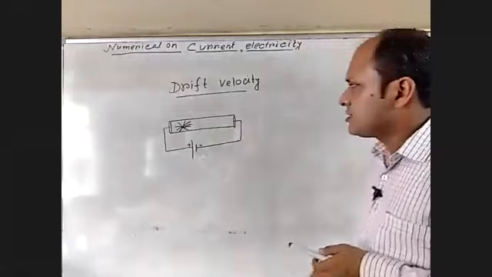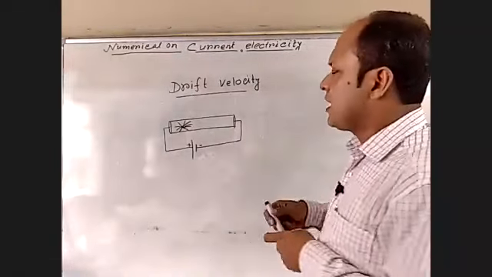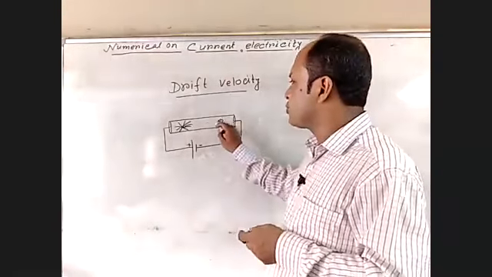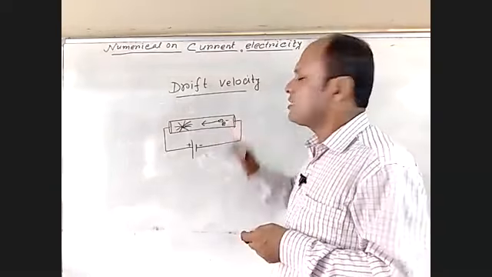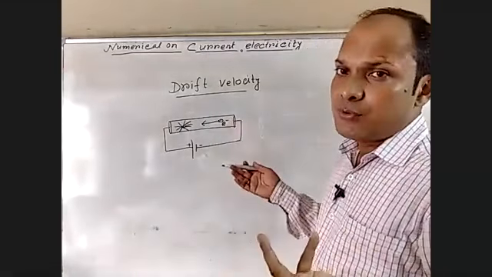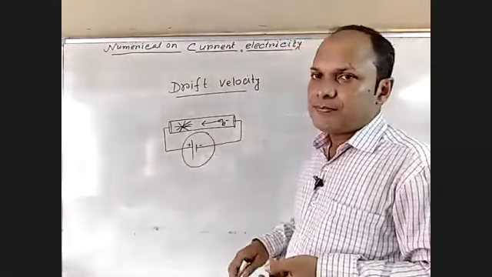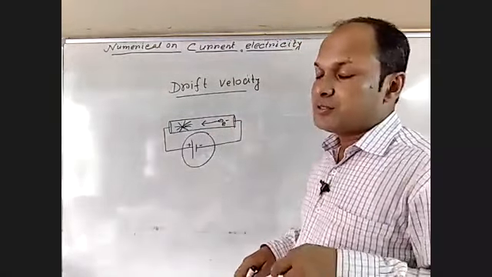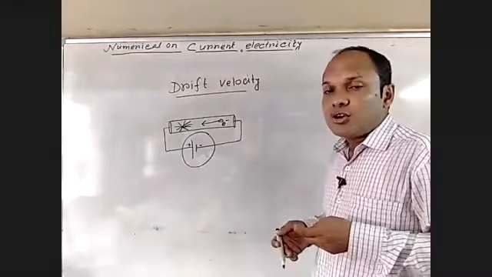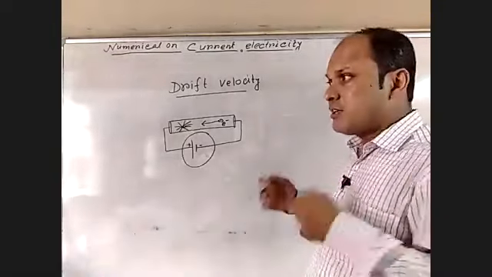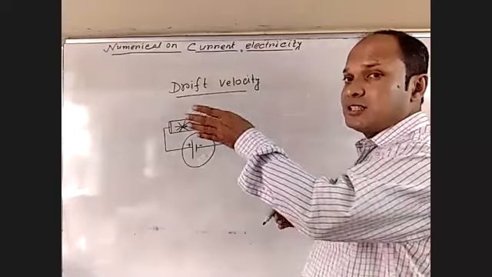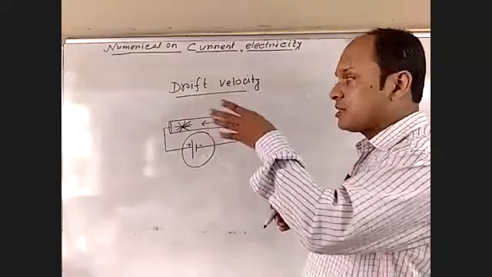In this case, the new velocity adopted by the electrons due to the application of the external force is called drift velocity. Compared to the previous condition, this velocity has a particular direction. Electrons or ions are moving in a particular way.